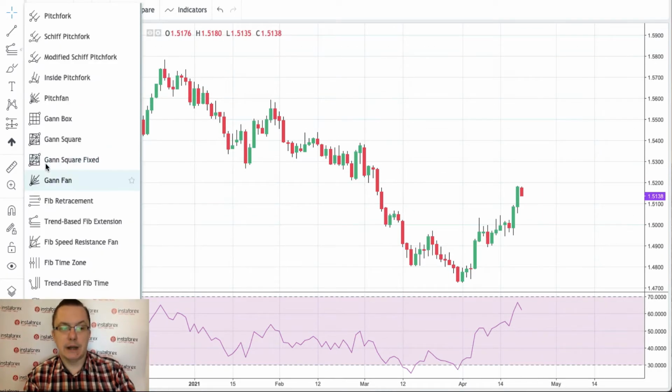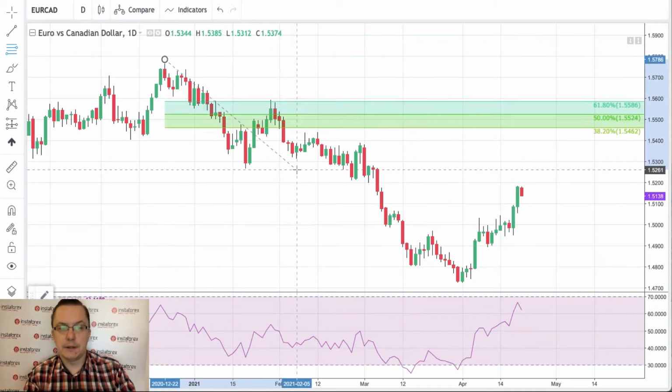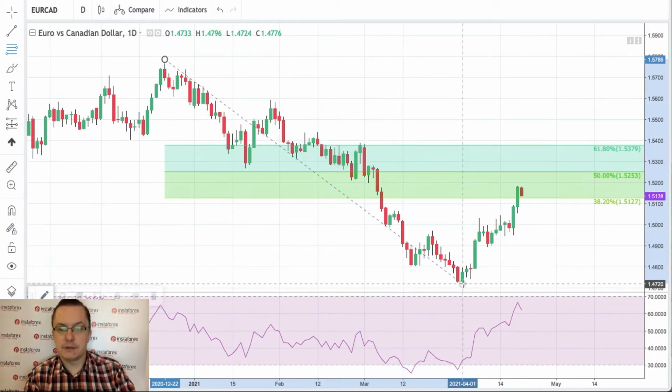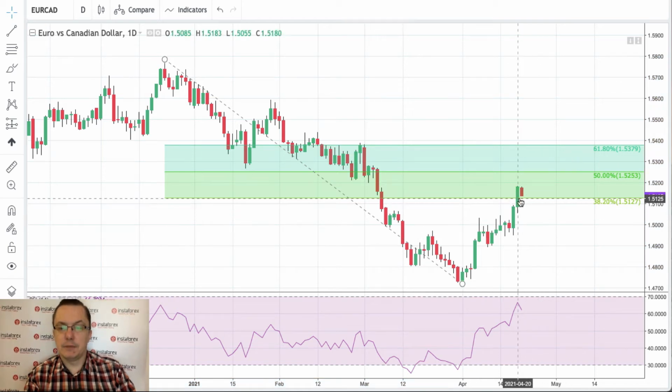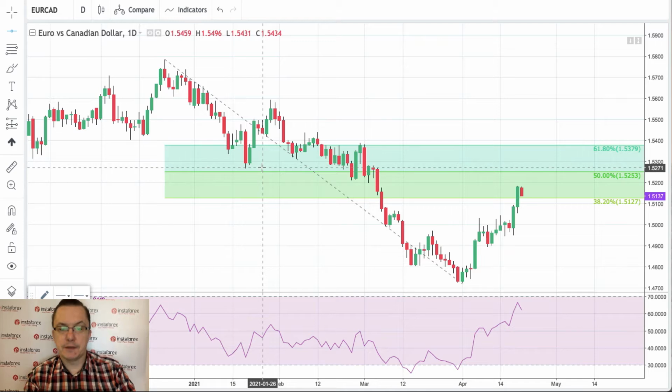We didn't actually recently analyze this, but if we just take this high right here and measure the Fibonacci retracement, as you can see, we are already above 38% of the Fibonacci retracement.